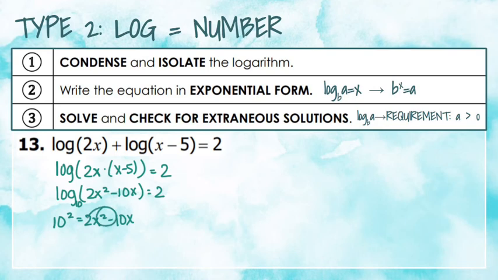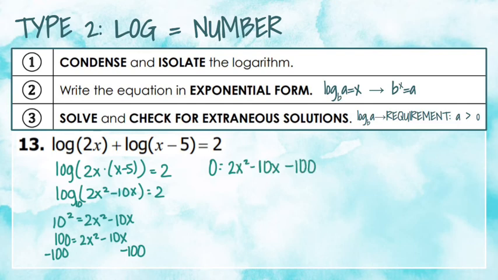And anytime we have an x squared, that means we're going to have a quadratic function, and we're going to have to solve it like a quadratic function. So this is going to simplify to 100 equals 2x squared minus 10x. Then in quadratics, we want it to equal 0. So we have 0 equals 2x squared minus 10x minus 100.